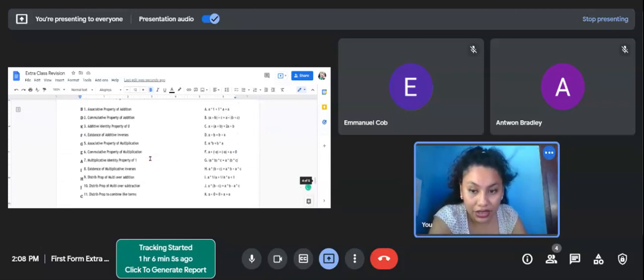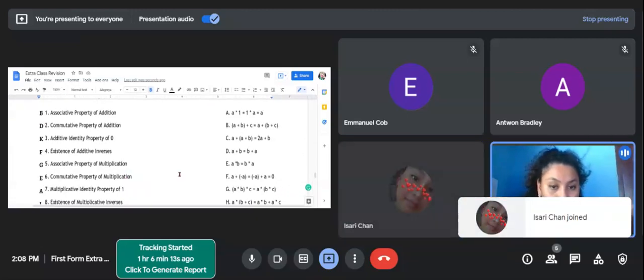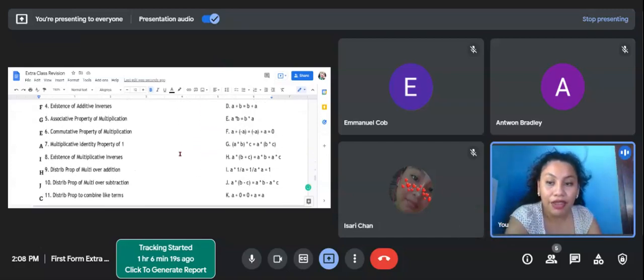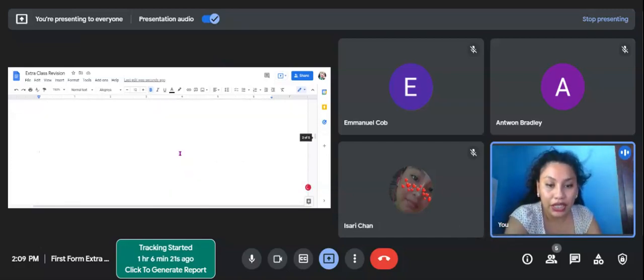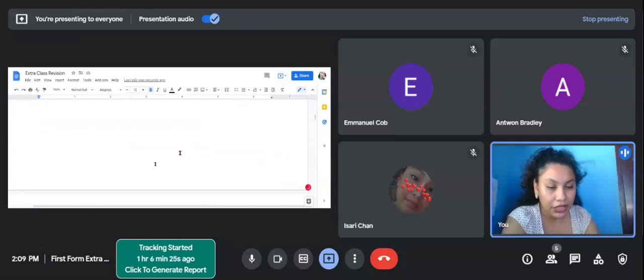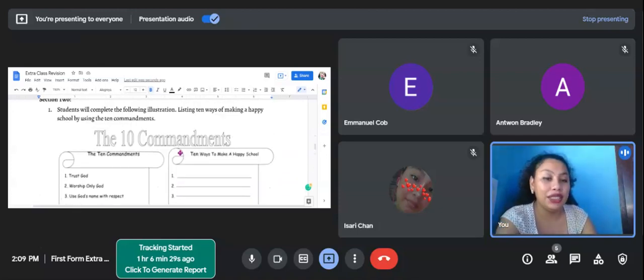All right. So then these were the activities for this week. I will be posting the recordings in Google Classroom, and I will be sending them to the WhatsApp group, so that you guys can have it. But these are the activities. The first one is the matching of the vocabulary words, I would say.